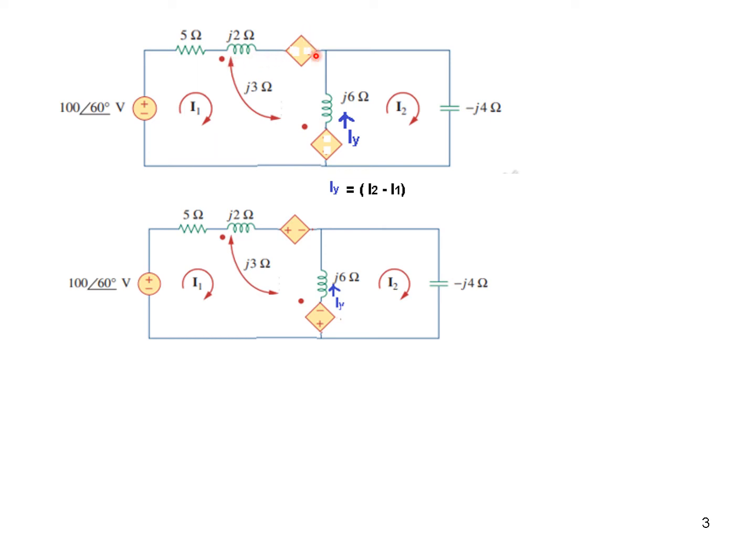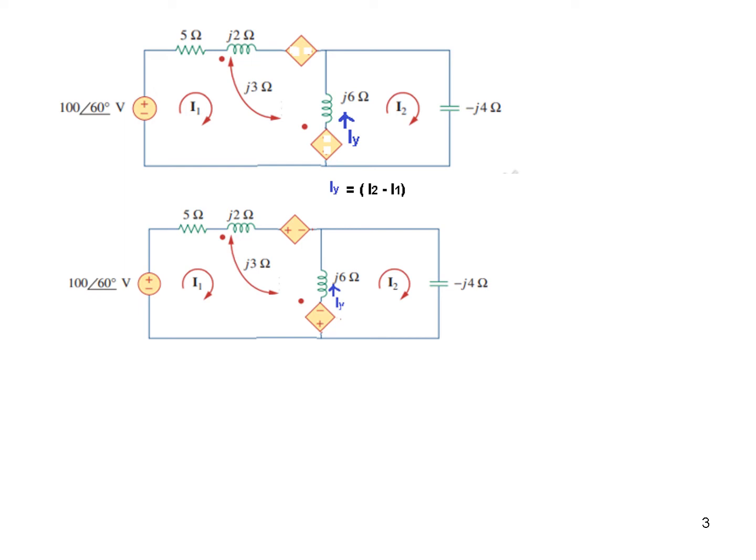Similarly, for this box, this current I1 is entering the dot, therefore the dotted end of this coil, at the bottom, will be positive. This way we mark the polarities.